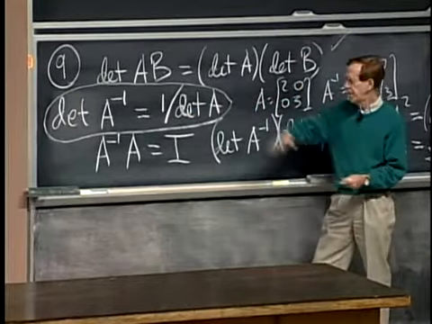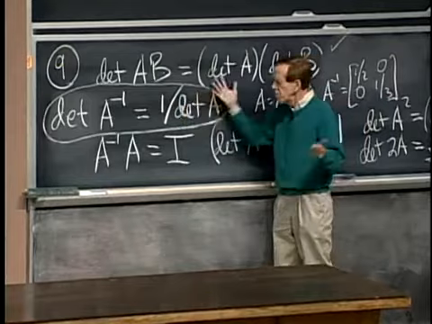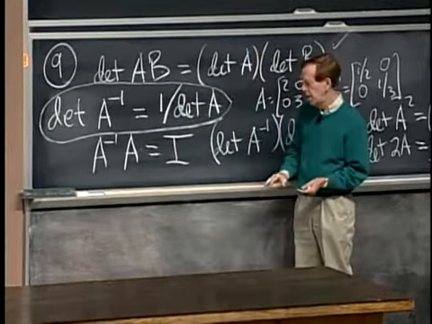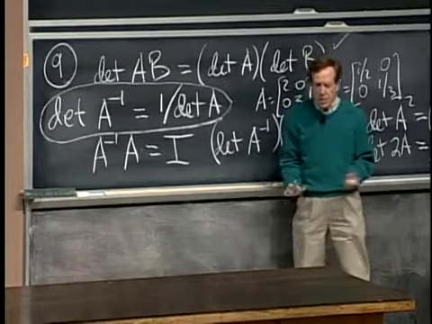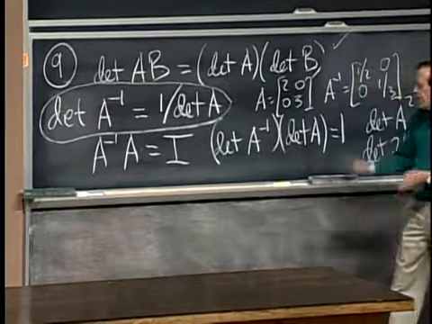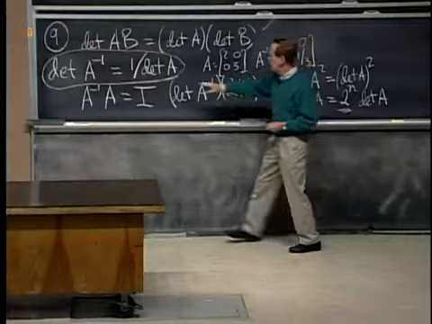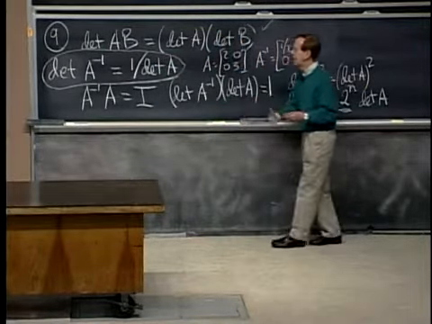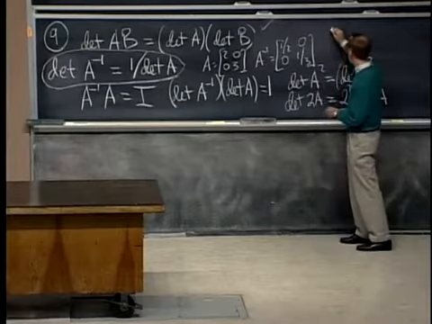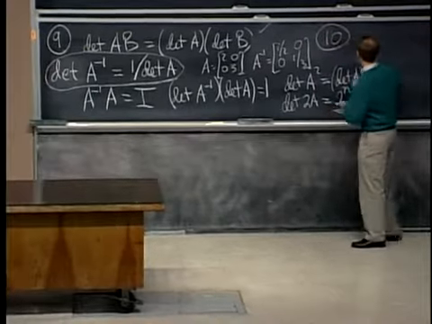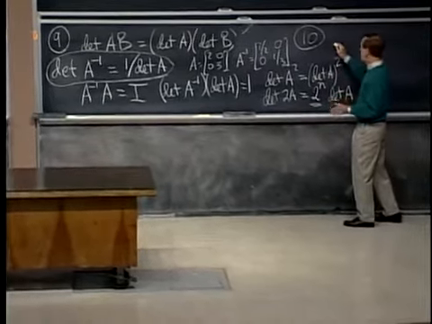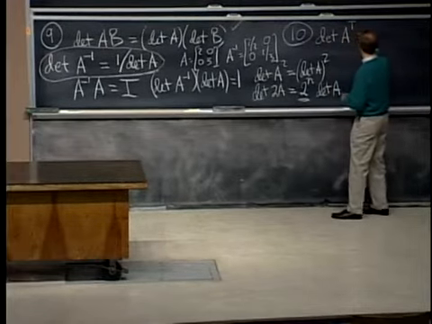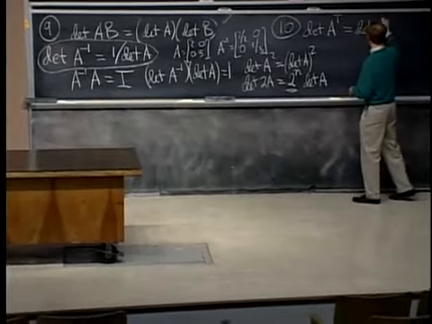If determinant of A is 0, this is ridiculous, and that's ridiculous. A inverse doesn't exist, and 1 over 0 doesn't make sense. Okay, so don't miss this property. It's sort of amazing. And the 10th property is equally simple to state, that the determinant of A transpose equals the determinant of A.